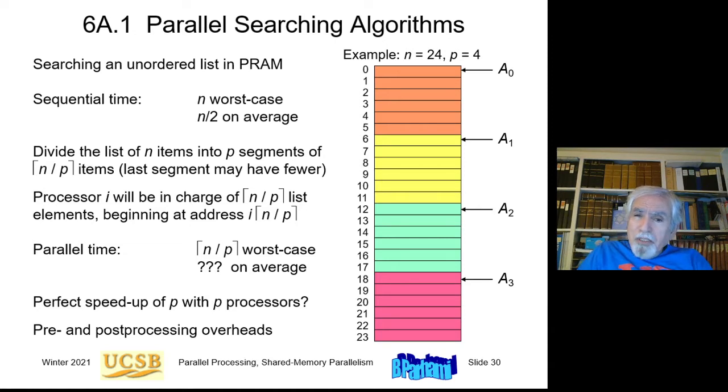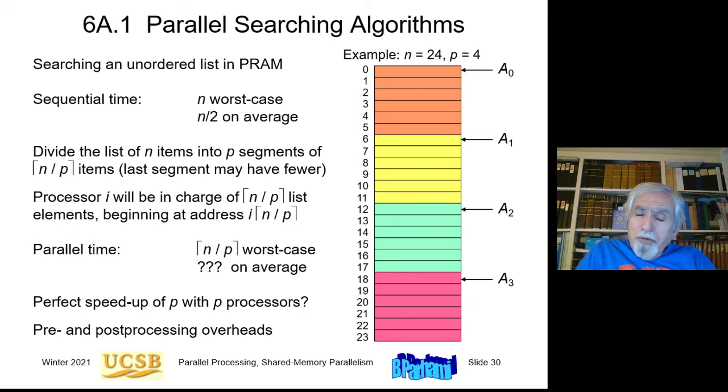And once a processor finds the item of interest, it will report it by storing something in shared memory so that every processor then will know that it was found. If a processor doesn't find the item in the section that it is processing, it will just quit at the end, not storing anything in shared memory, or perhaps store a negative result in shared memory.